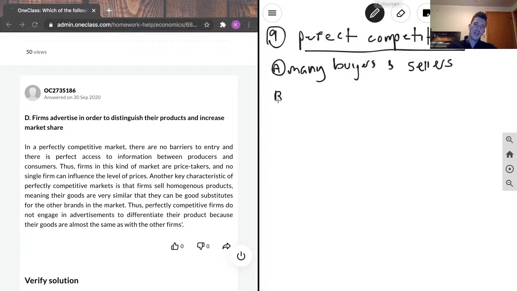Second, firms are price takers. This means that they have very little or no influence over the price. If they're coming into this market, they have to sell the good at the price that everybody else is selling that good at.